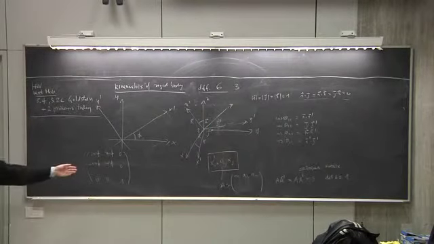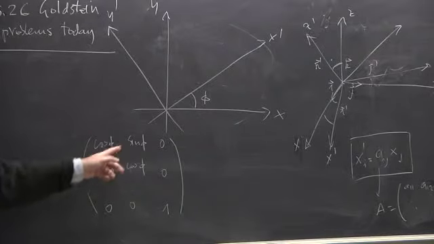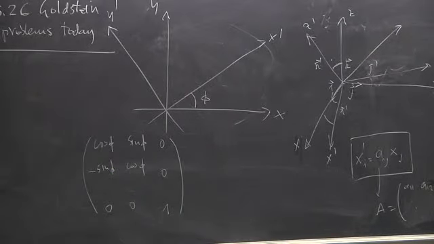And also the determinant you can verify very easily, right? Because you get the cos square plus sine square, so you also get that the determinant is 1. So it does belong to the SO3 group.